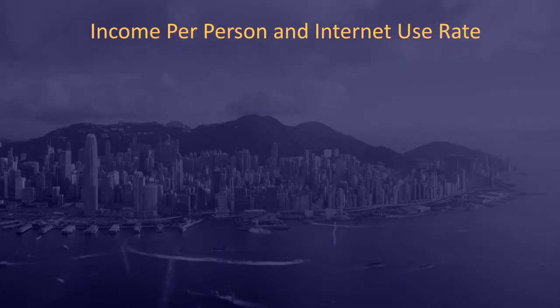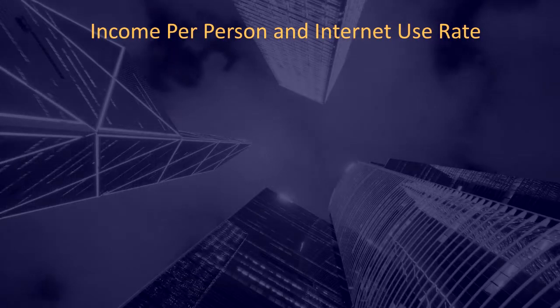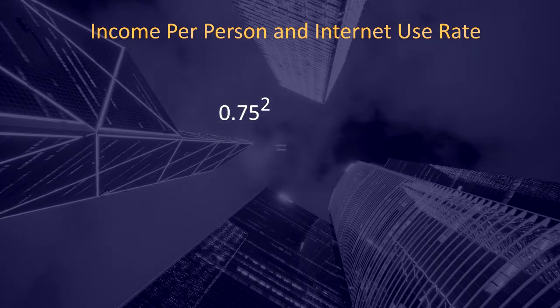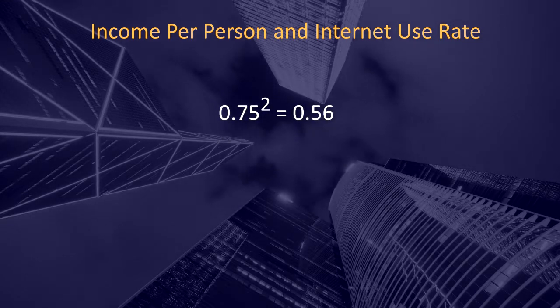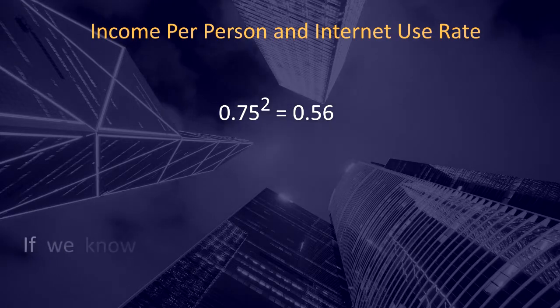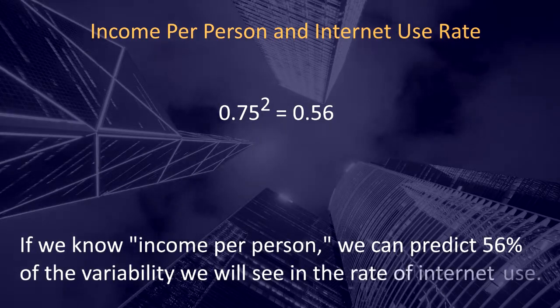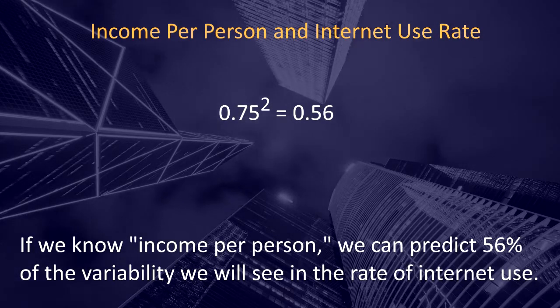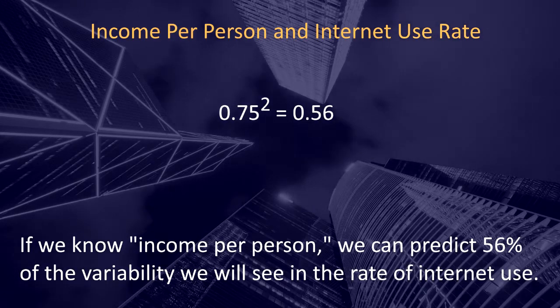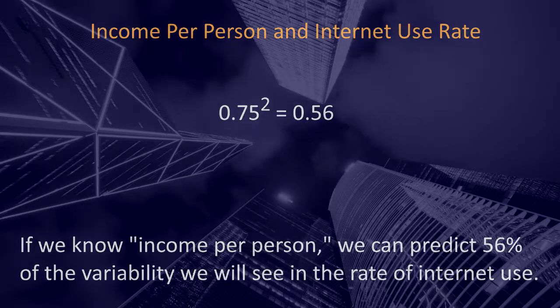If we square the correlation coefficient for income per person and internet use rate, we get a value of 0.56. This suggests if we know income per person, we can predict 56% of the variability we'll see in the rate of internet use. This is a little bit more impressive because we can predict over half the variability.